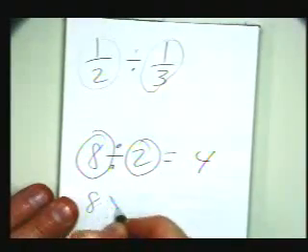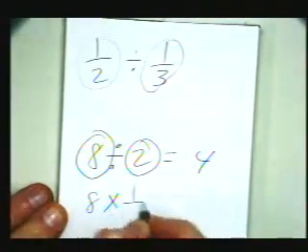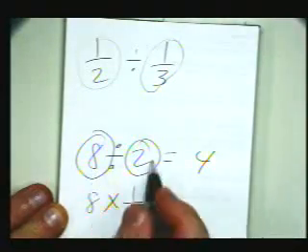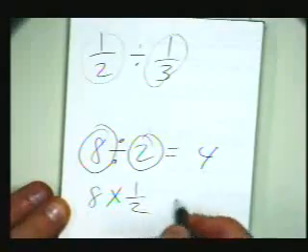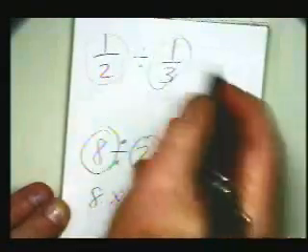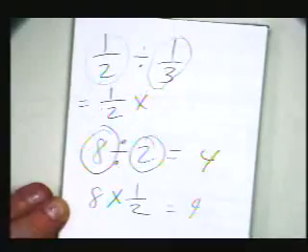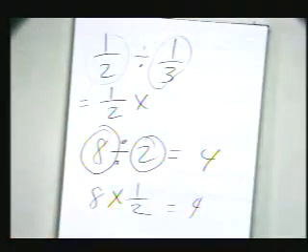Another thing you should know is that 8 divided by 2 is the same as 8 times 1/2, because these are inverse operations. So if you want to change this to a multiplication problem, you can change it by taking 1/2 times what?